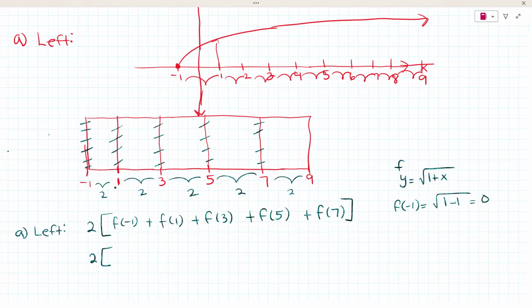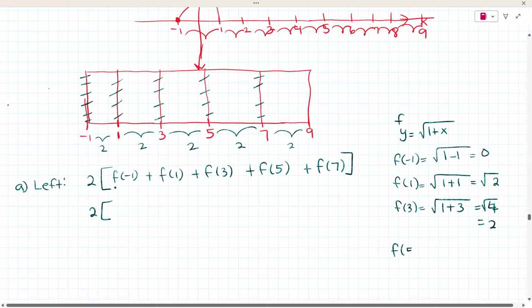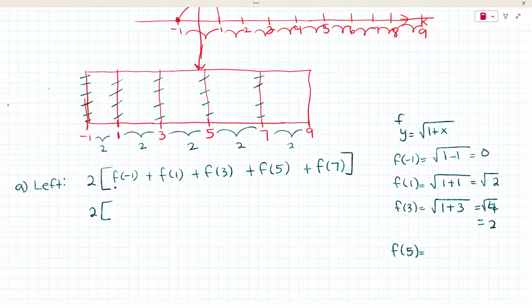If I plug in 1, that's 1 plus 1, which is square root of 2. f of 3 is 1 plus 3, square root of 4, which is 2. f of 5 is square root of 6. And f of 7 is square root of 8.